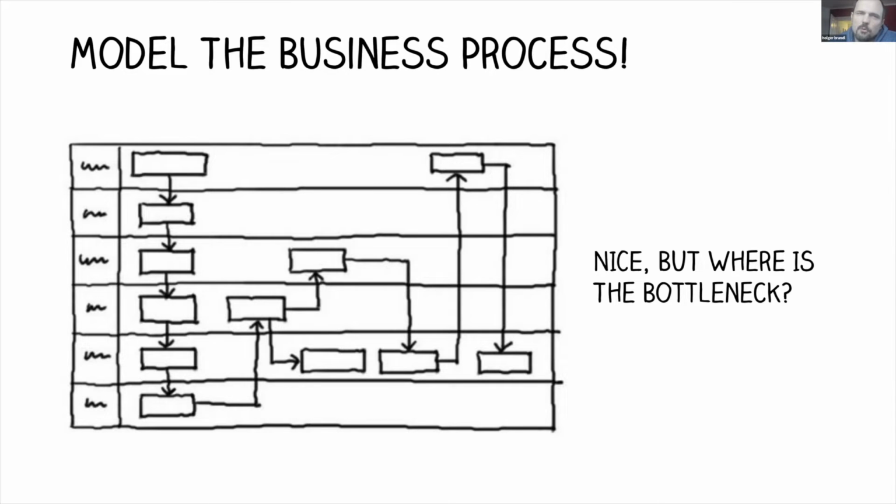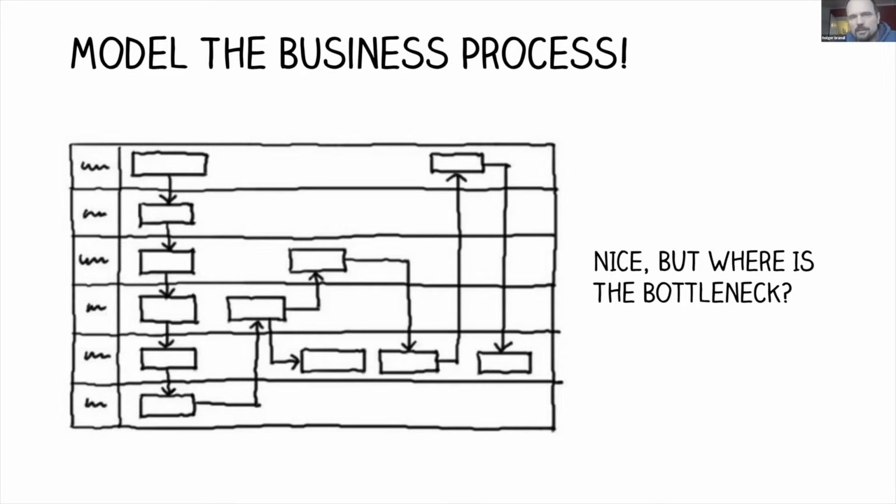But this is very often not sufficient to truly understand where the bottleneck in our process is. The reason is that by just drawing the diagram, we don't really run the process on a computer. It's not yet a computer program, it's just a drawing.